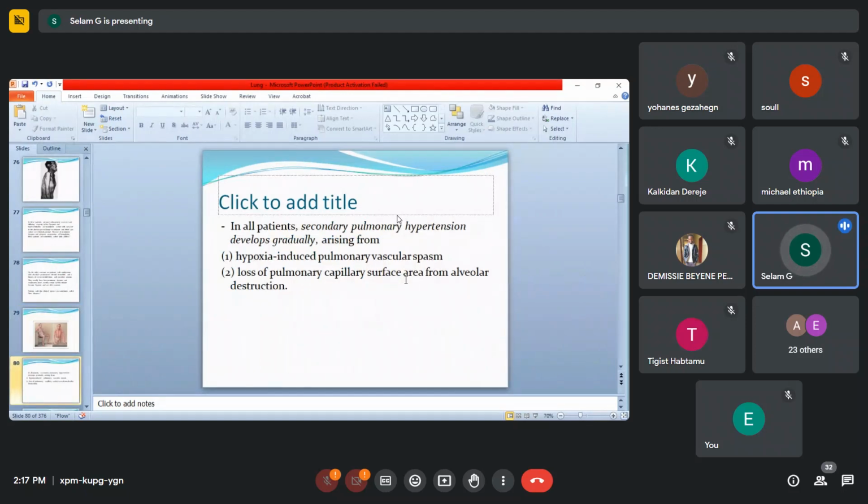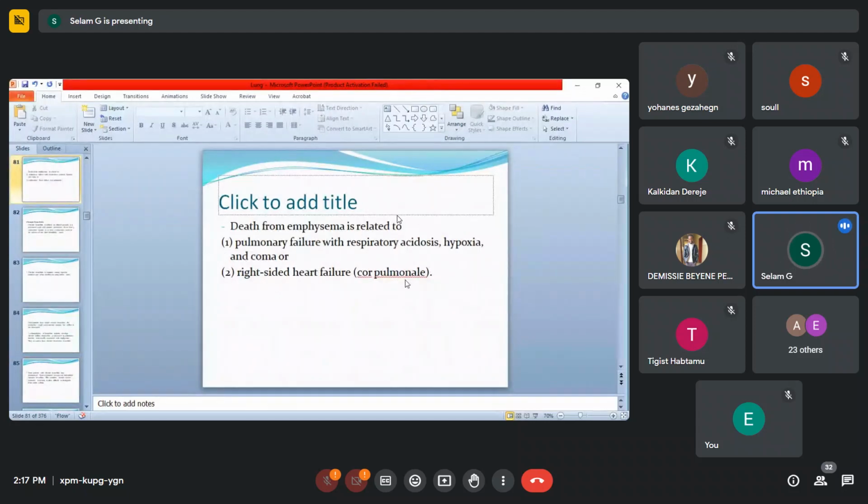In all patients, secondary pulmonary hypertension develops gradually. So if the parenchyma is affected and oxygenation is not taking place, there will be development of pulmonary hypertension. So the pulmonary hypertension will arise from hypoxia-induced pulmonary vascular spasm or loss of pulmonary capillary surface area from alveolar destruction.